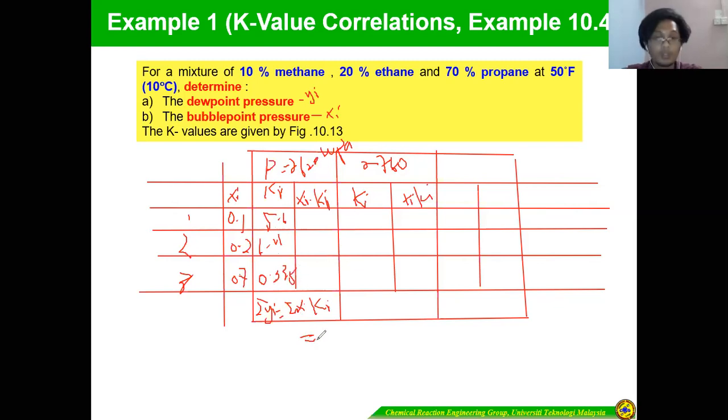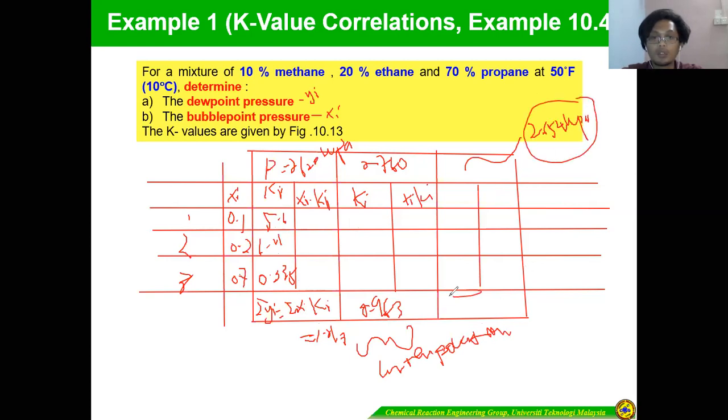So we can see that the value is 1.017 total, and this one is 0.963, and then do interpolation. So the final value I get is 2654 kilopascal. This is the answer, but make sure the total yi is equal to 1.